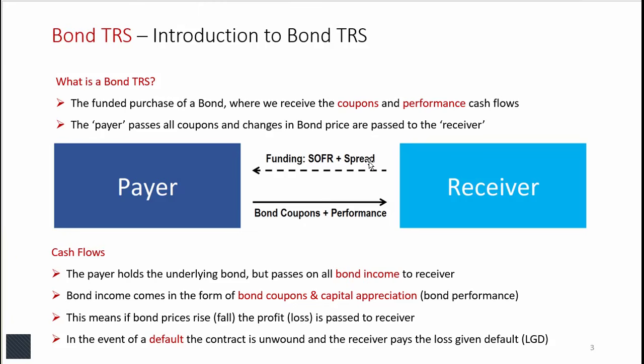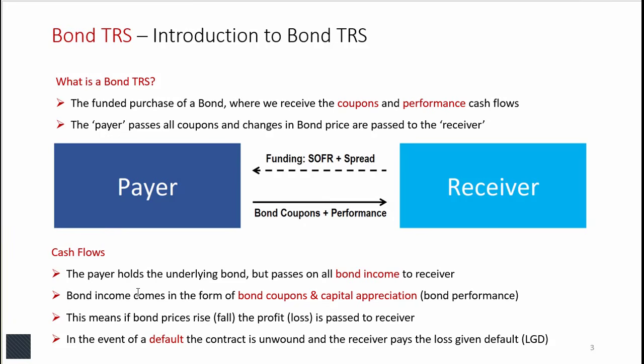So this is in effect the charge for a loan of sorts, isn't it? For a dollar bond, we would pay the SOFR benchmark index plus a spread, and that spread is determined as a break-even spread, which we will discuss a little bit later. The payer will hold the underlying bond and pass all the income on to the receiver.